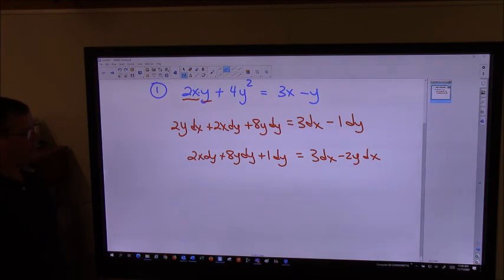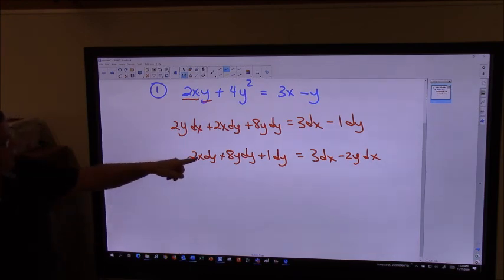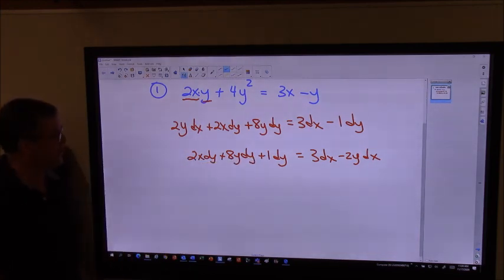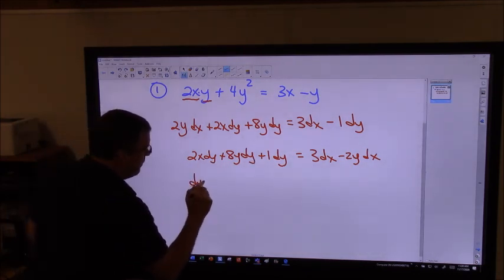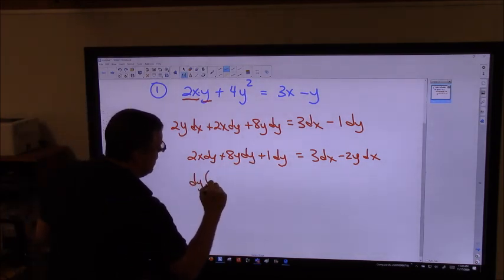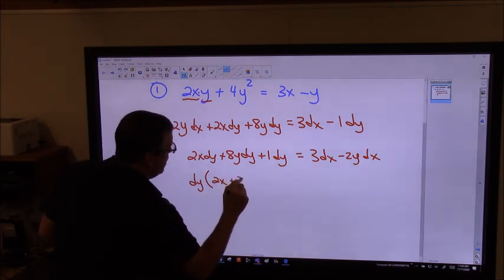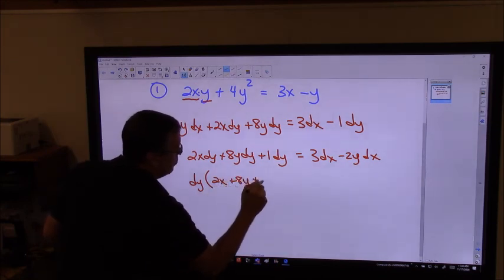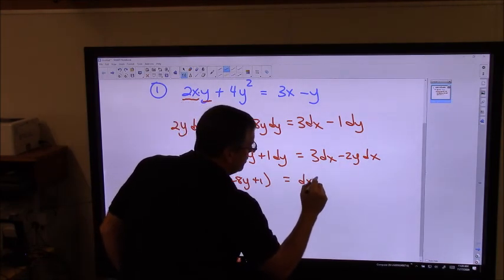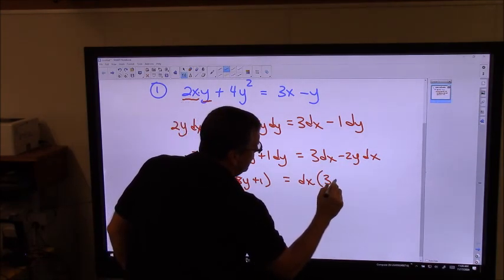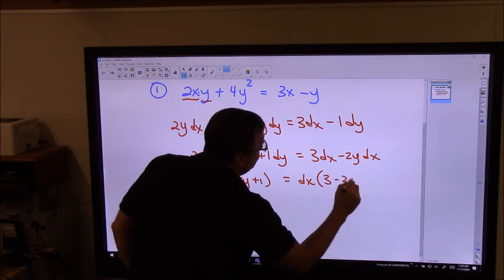And then my next step is going to be to factor all the dy's and dx's out. Okay, since I got all the dy's on this side, I'll factor out a dy, and what I have is 2x plus 8y plus 1. On this side, I'll factor a dx out, and I've got 3 minus 2y.